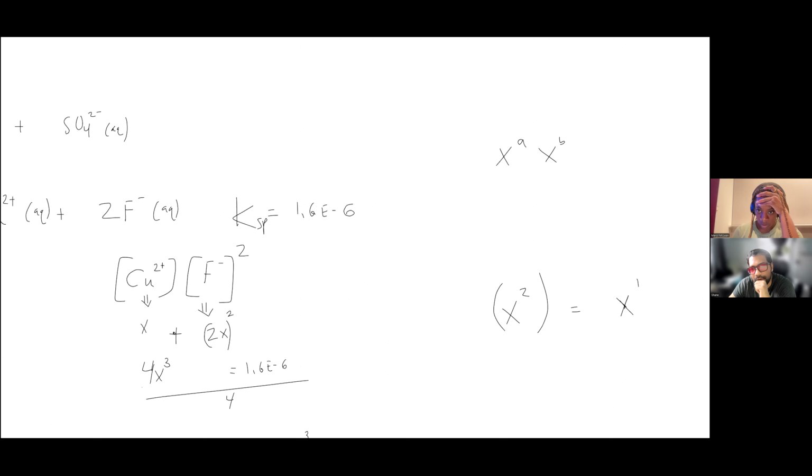And if it was x to the a divided by x to the b, you would subtract, x to the a minus b. Now, what if we did x to the a to the power of b? Then you would multiply a times b.